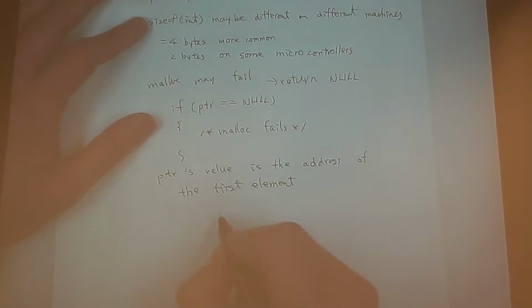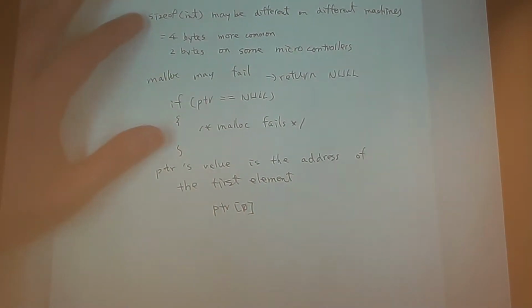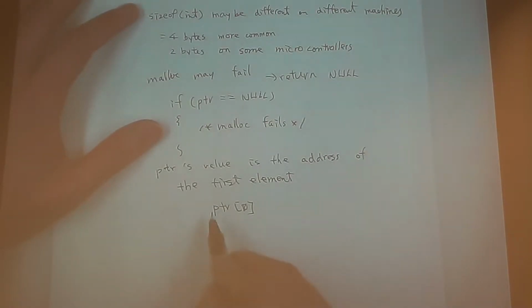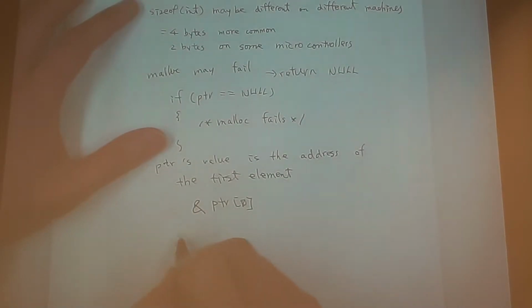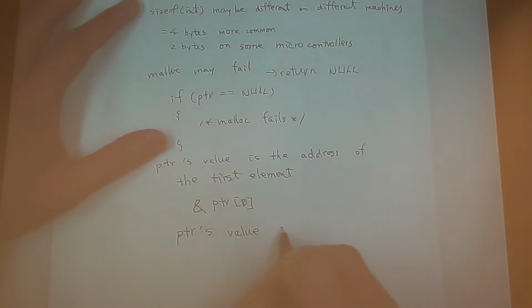What's the first element? It's ptr[0]. That's the first element in the array. And the address of the first element is you add ampersand in front of it. Therefore, ptr is the address of ptr[0].